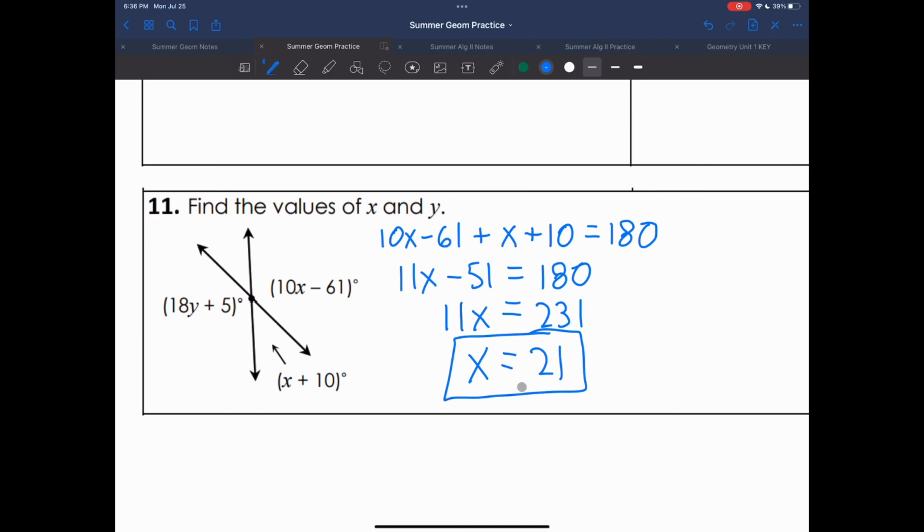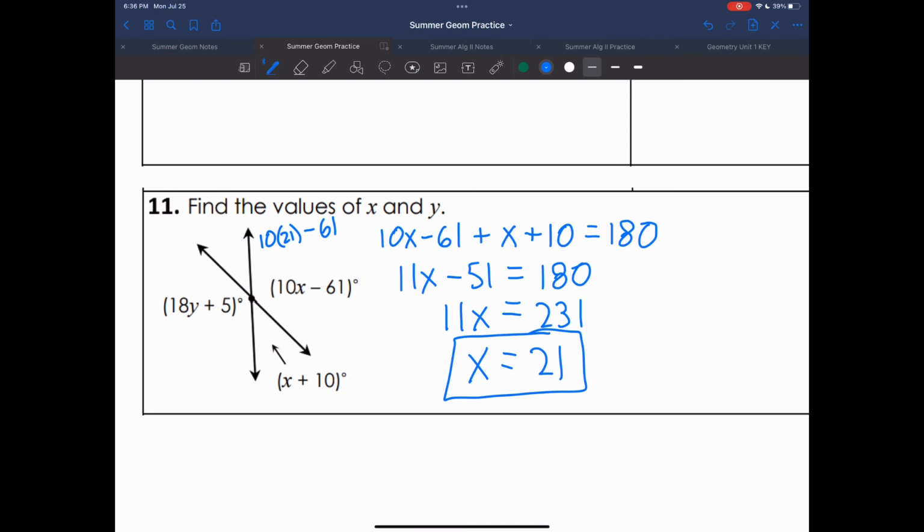Well, since we know what x equals, this does become a bit easier because I can plug this 21 in for x right there. And let's see what we would get for this angle. So let's just do it off to the side. That would be 10 times 21 and then minus 61. So what's that going to give us?